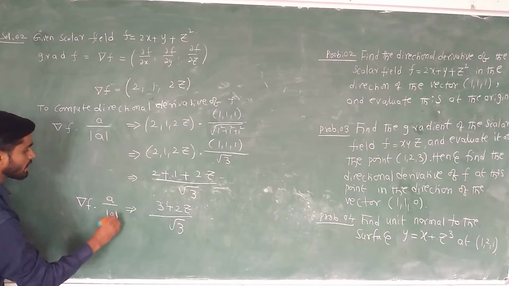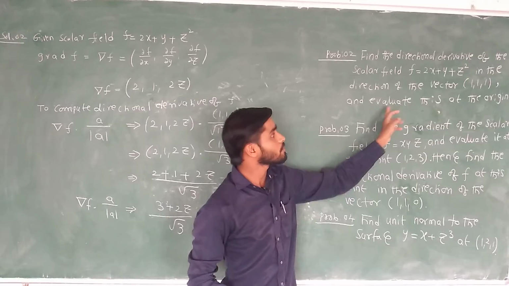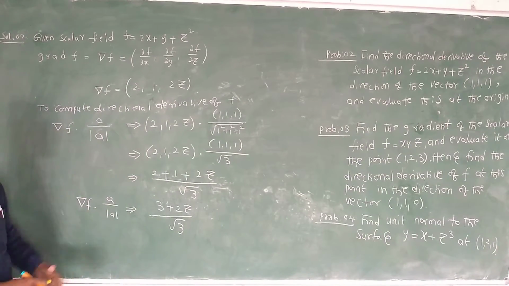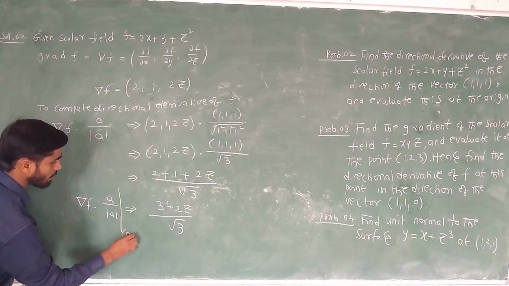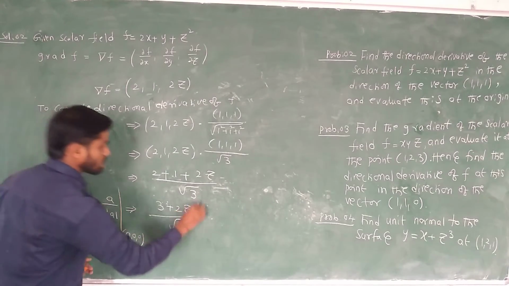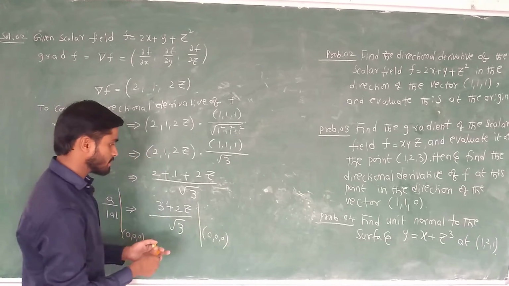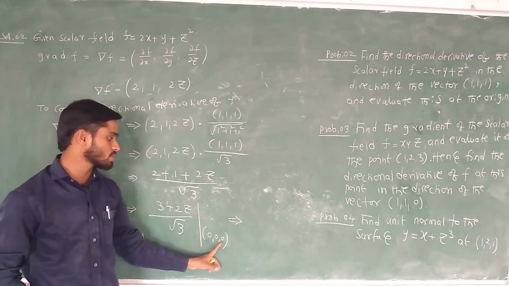Now it is given to evaluate this at the origin. If you evaluate at the origin, that is (0, 0, 0), x equals 0, y equals 0, z equals 0.